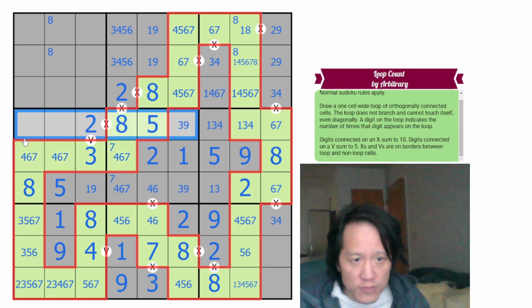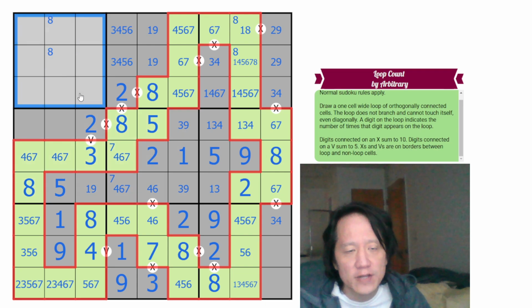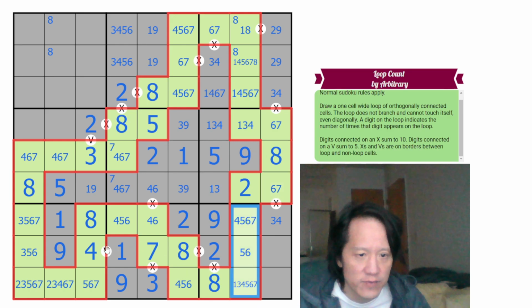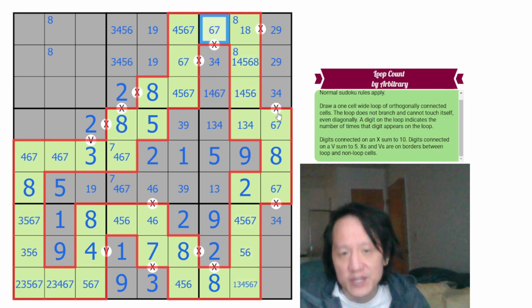There's already a 7 taken out from box 1. Therefore, all the other boxes must have a 7. So this must have a 7, this must have a 7, obviously this must have a 7, this must have a 7, and this must have a 7. Because this must be 7, none of these two can be 7. Therefore, this has to be the 7.